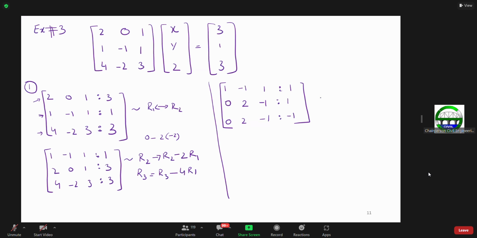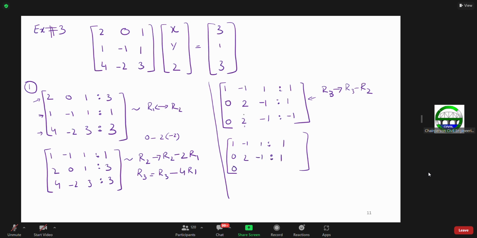And then I have to make this equal to 0 using this one. It is simple. R3 is equals to just minus it. If we just subtract it, then we can find it. R3 is equal to R3 minus R2, right? We can write it in this way. So once I make this, my matrix will look like 1 minus 1, 1, comma 1, 0, 2, minus 1, and this one 0.